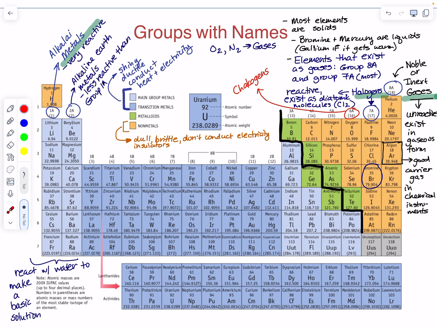So metalloids, okay, do conduct electricity, okay, but not as well as metals. So notice that silicon falls in the metalloids. It's one of the metalloids. And again, silicon is considered a semiconductor.